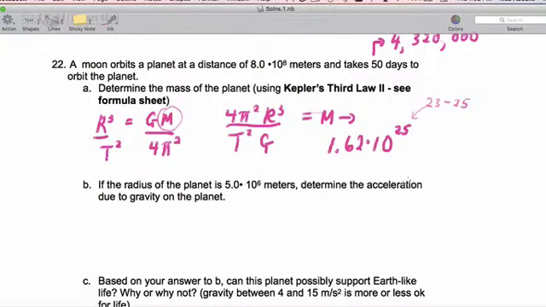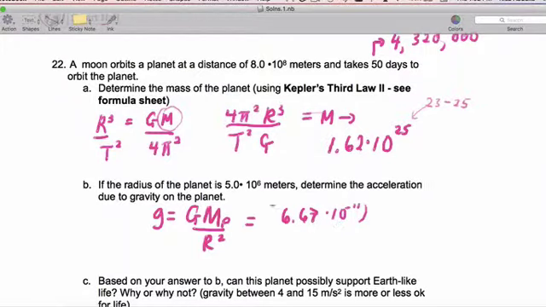Now we want the acceleration due to gravity, and that is given by this formula here, g equals G times the mass of the planet divided by the radius of the planet squared. So we're going to use 6.67 times 10 to the negative 11th. We're going to multiply that by the mass of the planet.